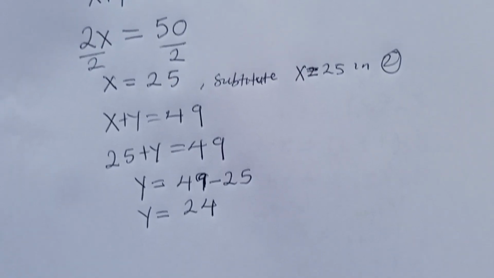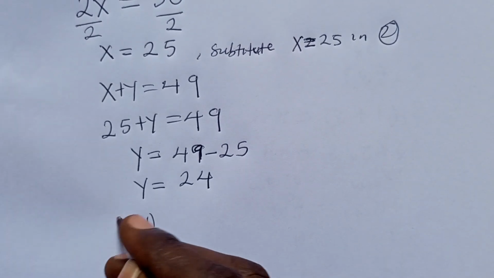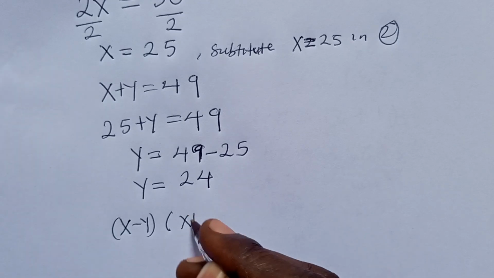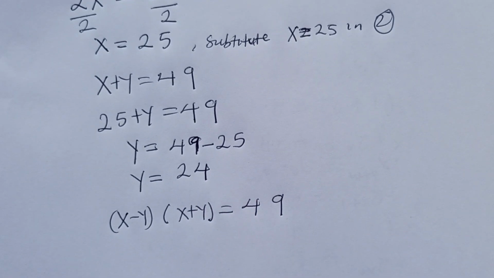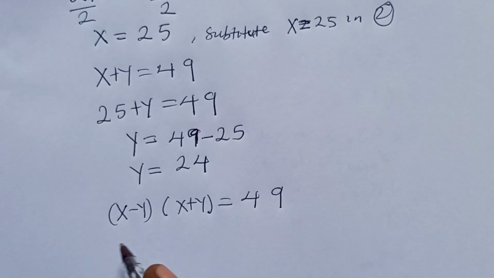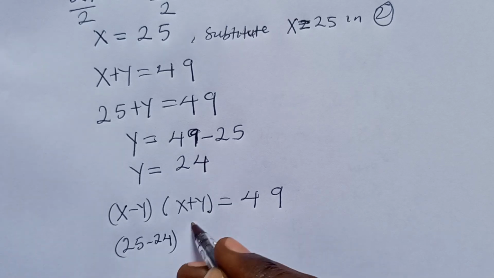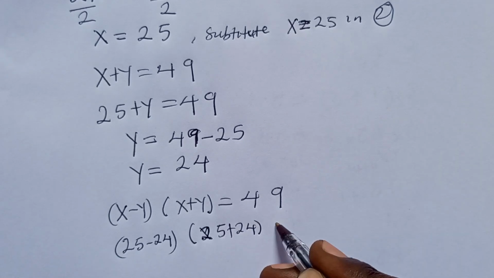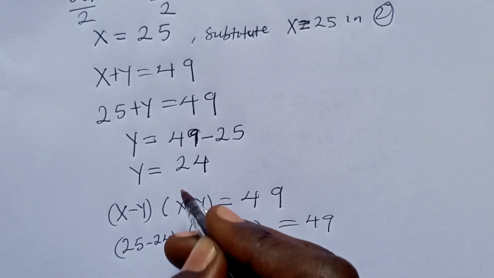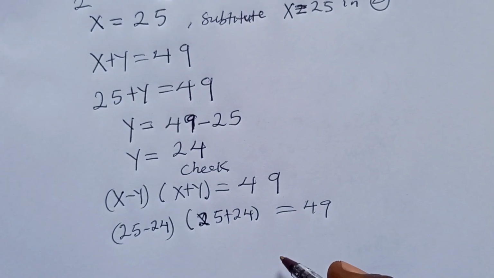So let's check if this is actually true. Remember, we have (x minus y) times (x plus y) equals 49. So now substituting the value of our x as 25 and y as 24, into the brackets, (25 minus 24) times (25 plus 24), is that going to be 49? We're trying to check and see if this scenario will hold.